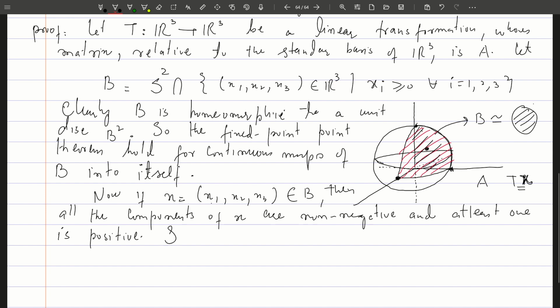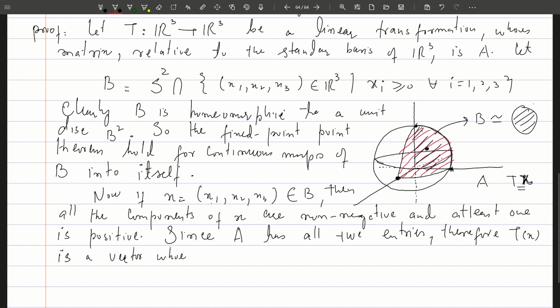So since A has all positive entries, therefore Tx is a vector whose all components are positive.